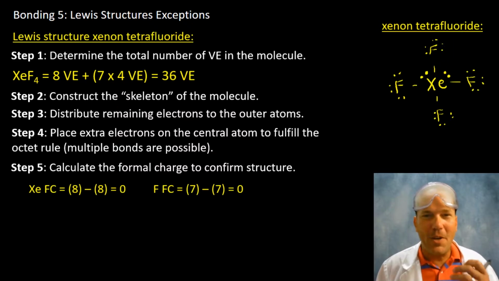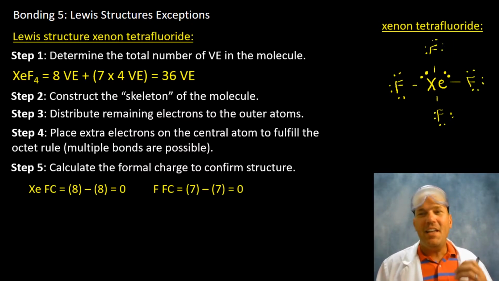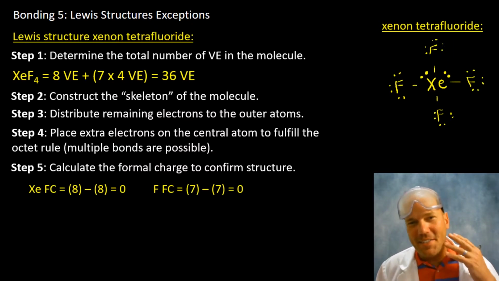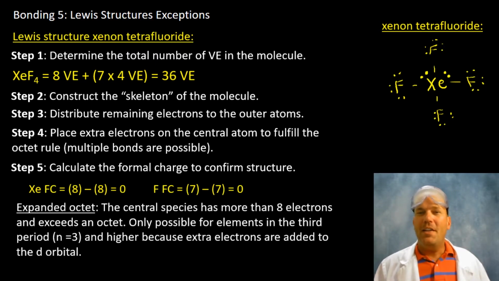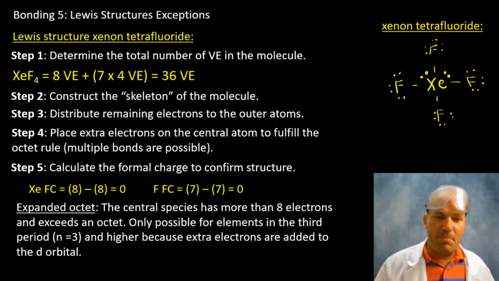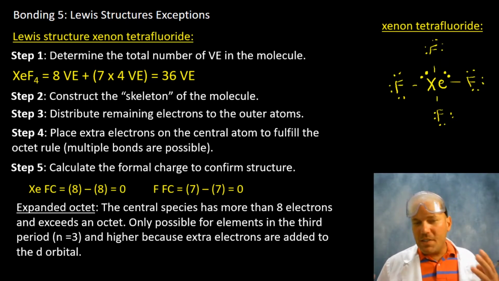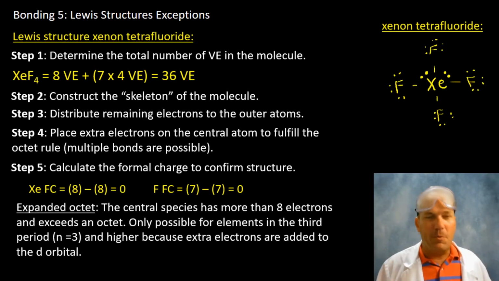This is the correct structure for xenon tetrafluoride, and it is the second exception I'd like to talk to you about in this video. This is an example of an expanded octet in which the central species has more than 8 and exceeds the octet.